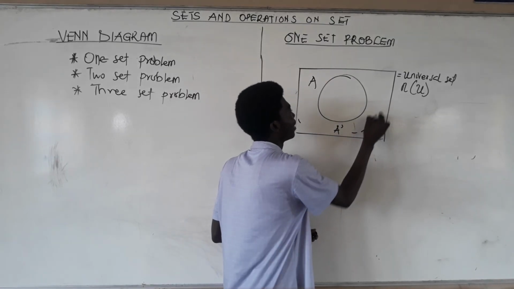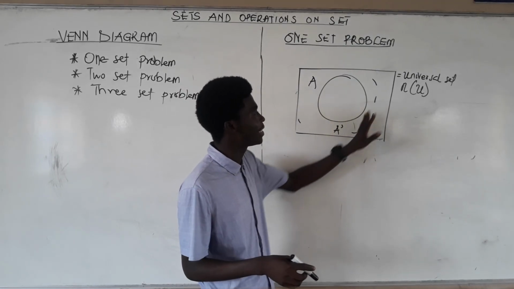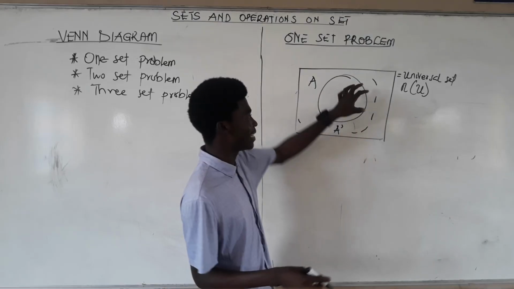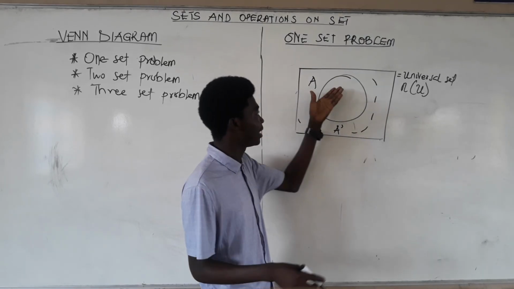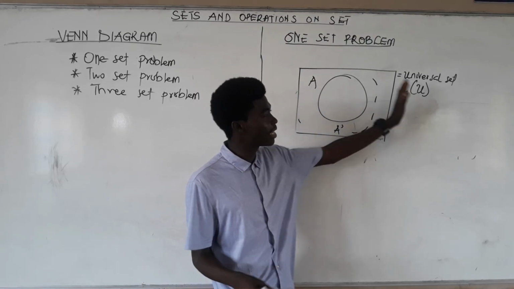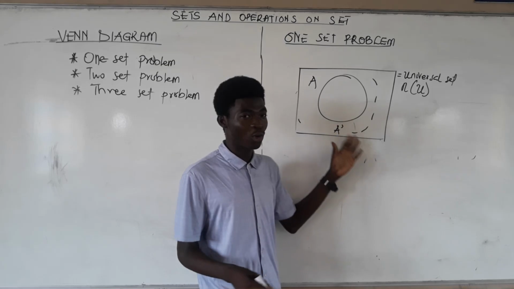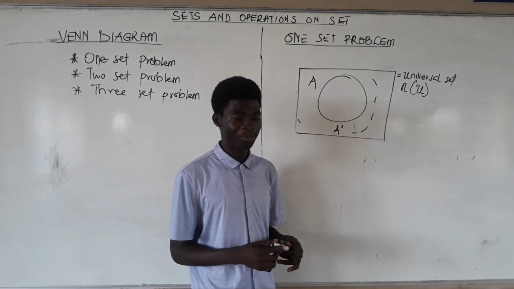The elements in the universal set but not in the set given, that is set A, are called A complement.